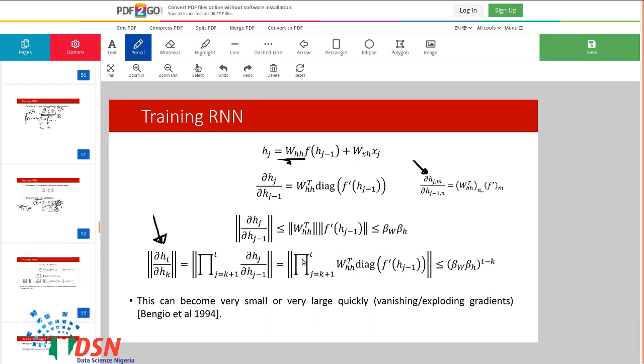It means it depends on beta and how much this term could grow or vanish. This thing could be really large or really small, so we have the vanishing or exploding gradient problem.